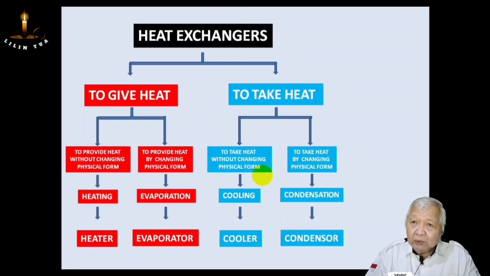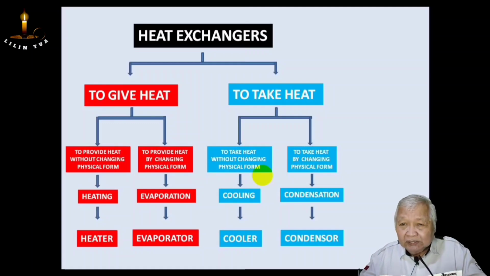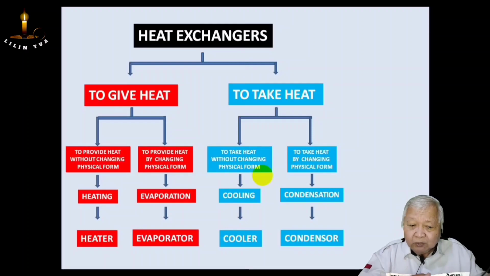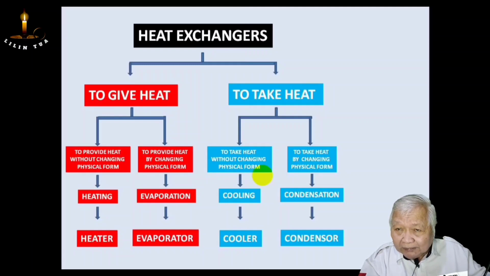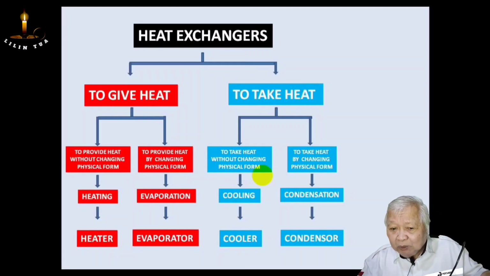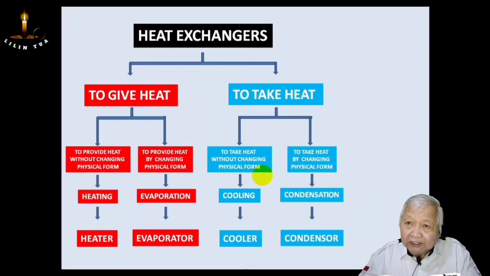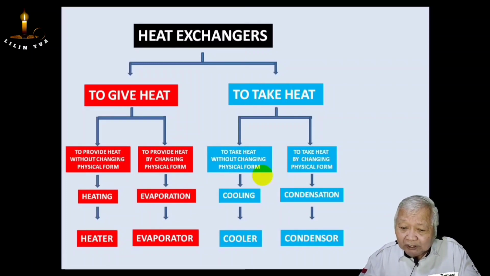There are two processes that occur in series, beginning from the evaporation process, which needs the component of evaporator, continuing to the condensation process, which needs the component of condenser.